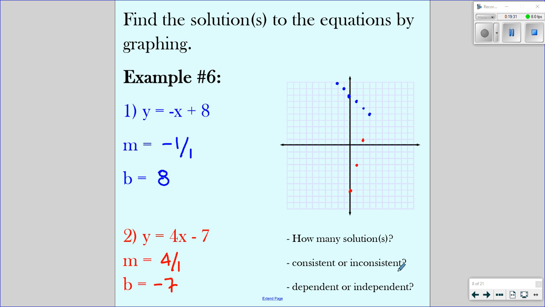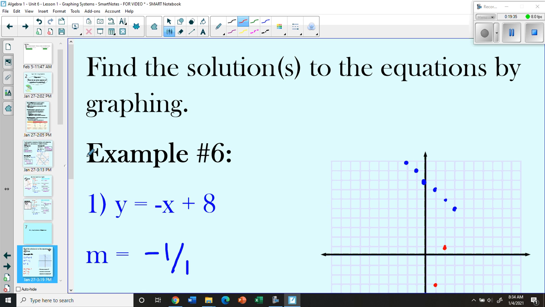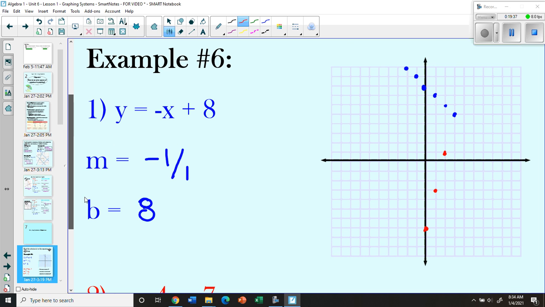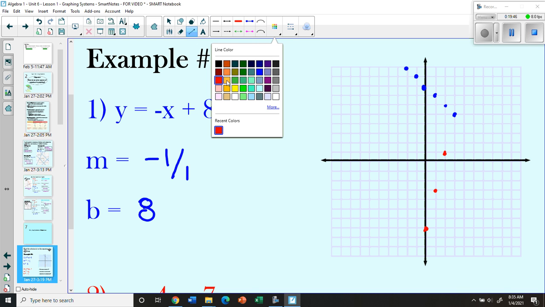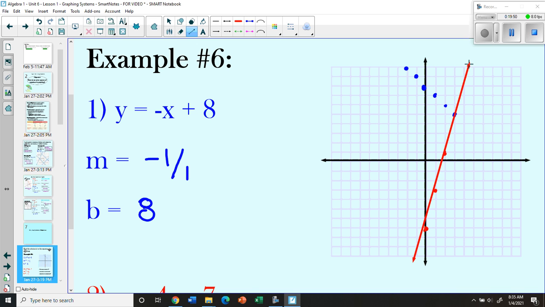Okay, so now I'm going to go back to the other screen, and I'm going to get my lines, so I can have the red line and a blue line, that way I can distinguish between the two. All right, we have this.